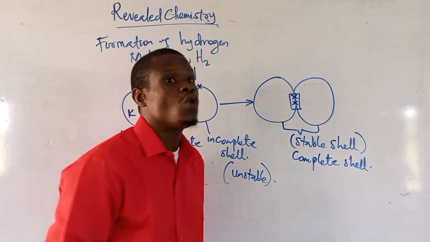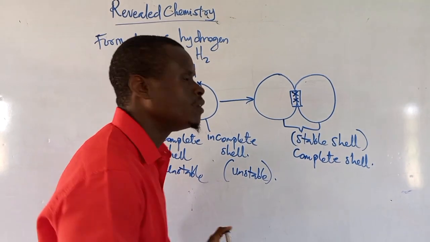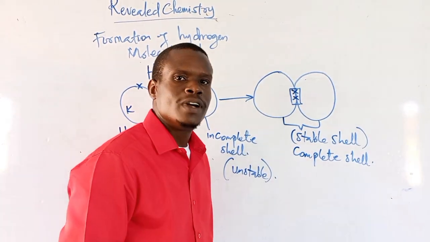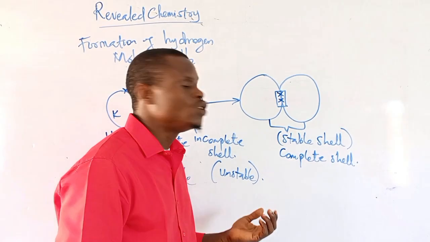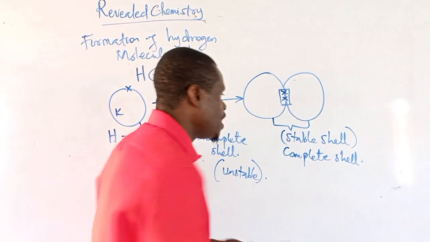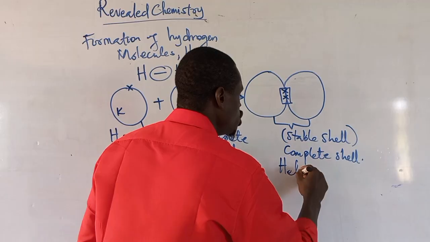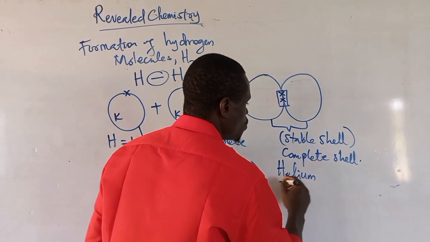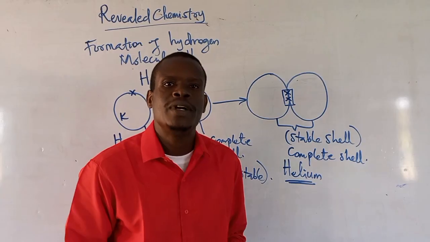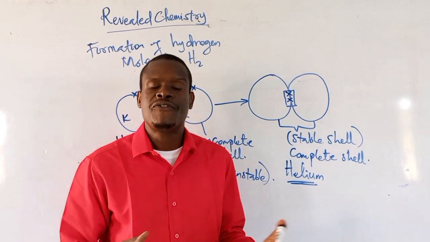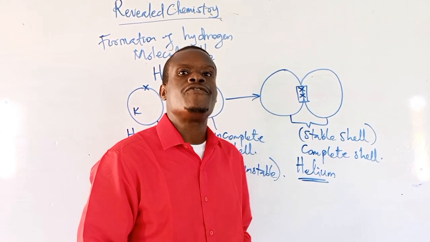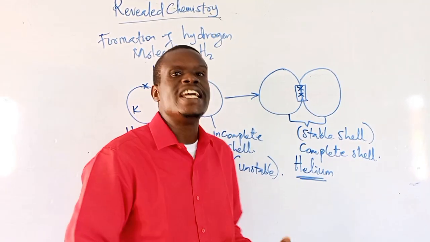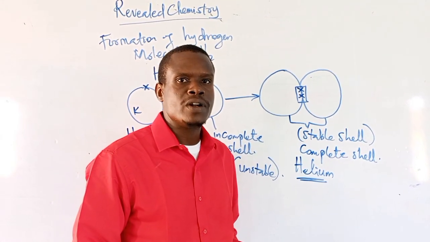And which element is in a duplet state in the outermost shell in the periodic table? The only element that has that duplet state is helium. And helium is a noble gas, which is a stable element. So whenever you perform formation of covalency, it must take the form of stability of the next available atom in the periodic table.